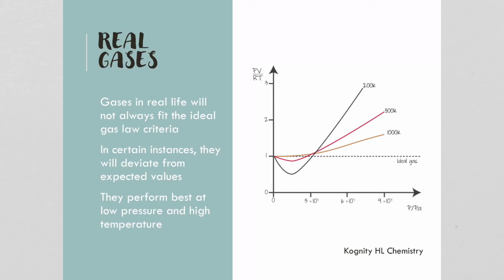Gases perform best in the ideal sense when they're at low pressure and high temperature, and they deviate away from there. And you can see this here. There is some deviation. Ideal gases should behave this way without much change, but when you deviate the temperatures and so on, they sometimes misbehave.